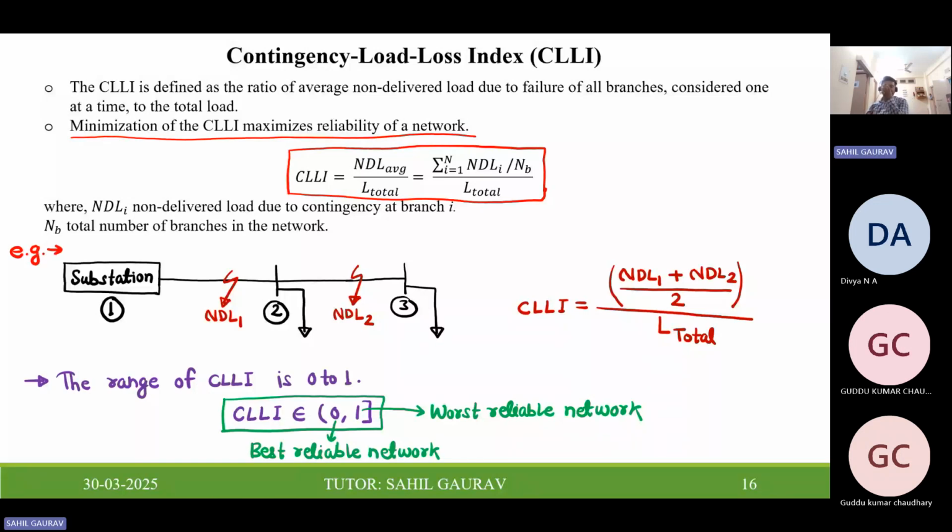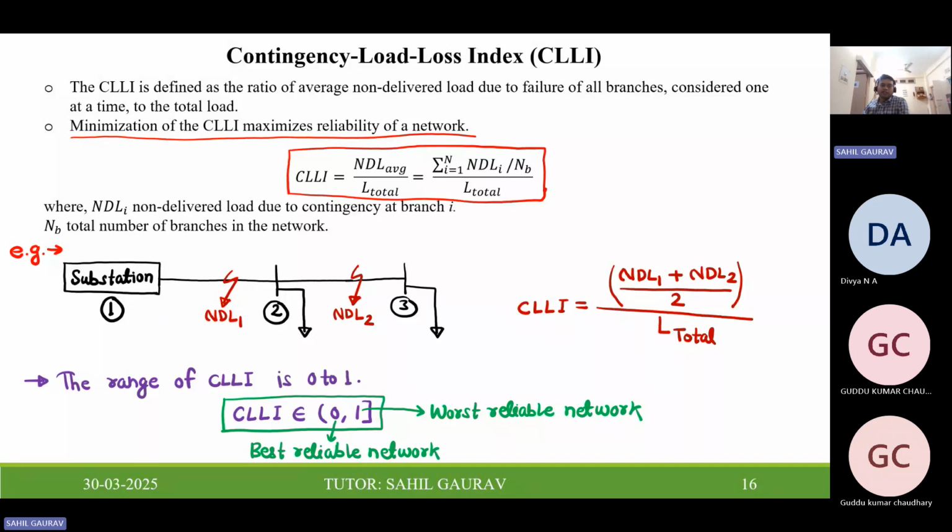So let us take one example where a substation is feeding the loads L total, and loads are connected at node 2 and node 3. The substation is taken as the slack node.